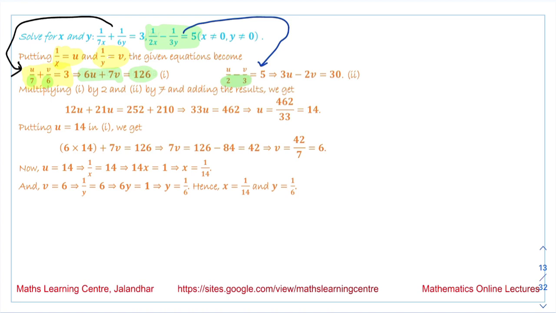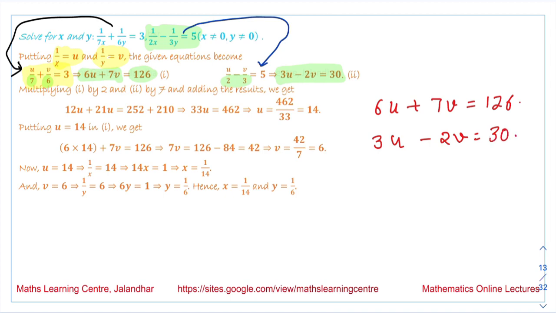For these two equations the LCM is 6 and the equation becomes 3u minus 2v is equal to 30. We are talking about these two equations over here. It is 6u plus 7v is equal to 126 and this is 3u minus 2v is equal to 30.